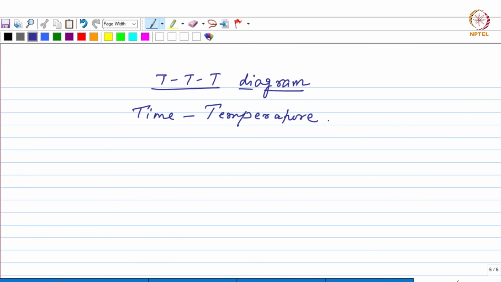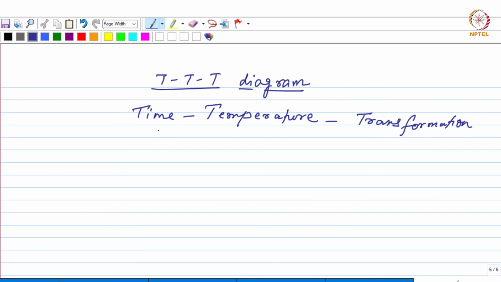It stands for time temperature transformation. So it basically describes a particular phase transformation with respect to time at a particular temperature, right?